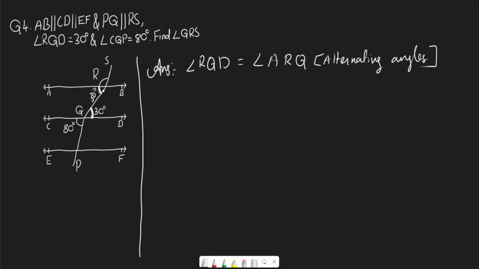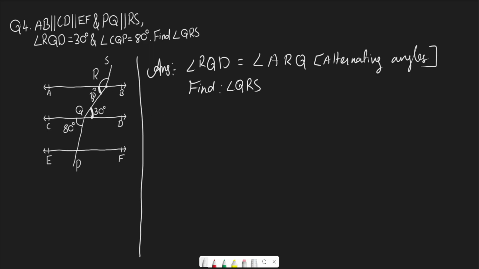And now we have to just find angle SRA, I mean angle QRS. Let's just write that quickly. I almost forgot to write it. So angle QRS. Alright, so we found the first part. Now we have to find the remaining part.